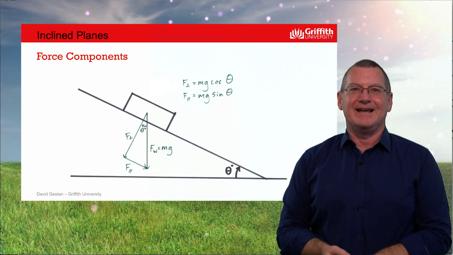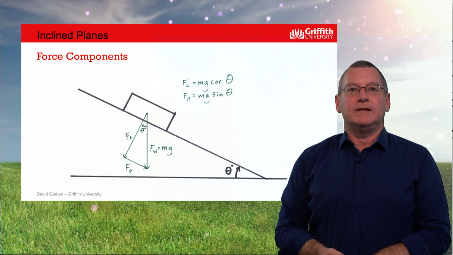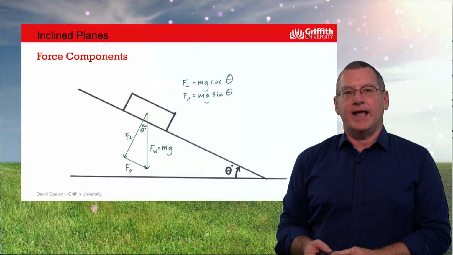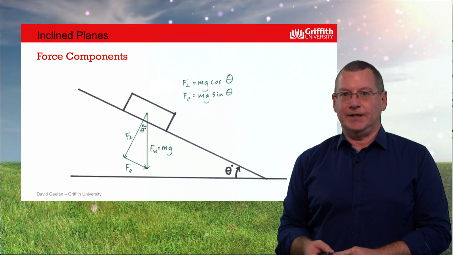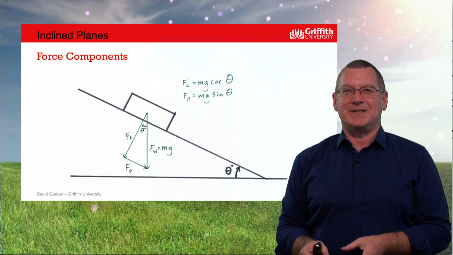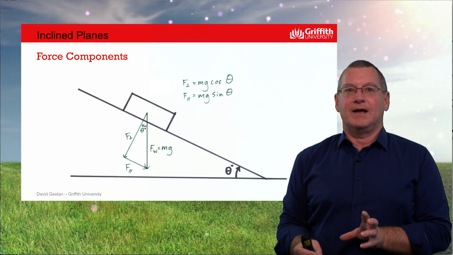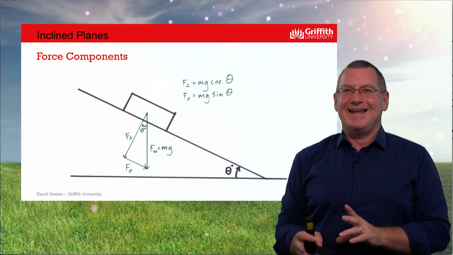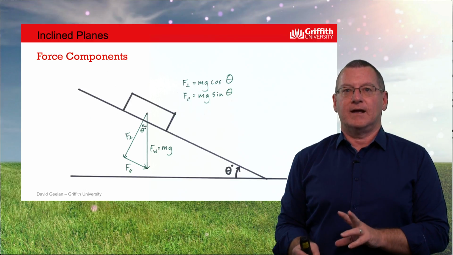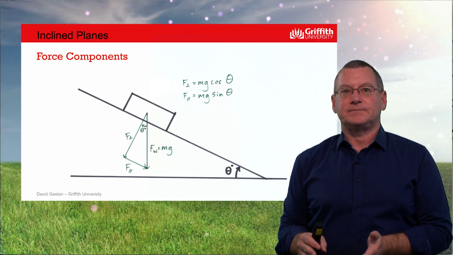Now, the key piece here is that the angle in that green triangle is also theta, by similar triangles. You might have to work through that if it's been a while since you played with similar triangles, but trust me on this, that angle is also theta. It's the same as the angle of the plane with the ground.